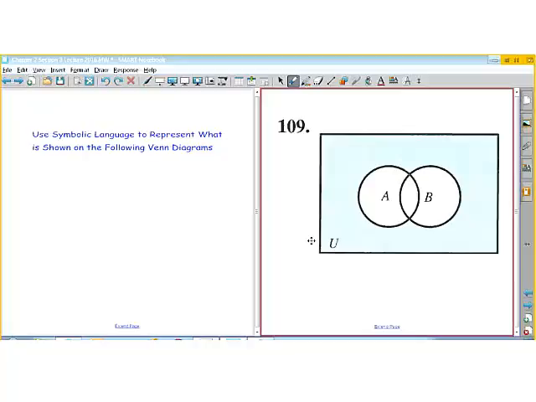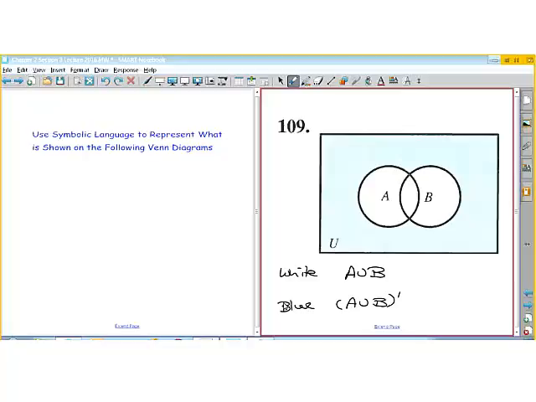So that's the answer, okay? So we looked at what we knew. We know that the white, I'll write this out, the white is A union B, therefore the blue is A union B complement. So if you can figure out what something is, everything else is the complement.